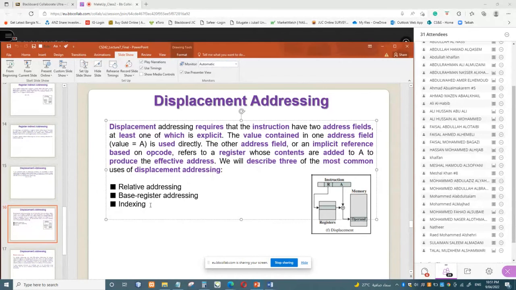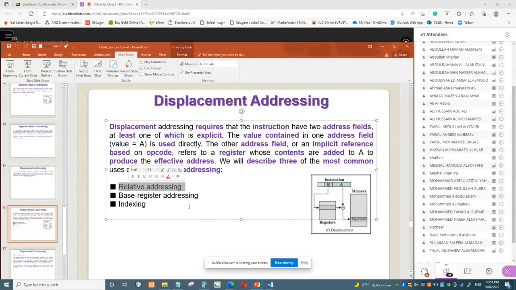In case of relative addressing, we use this addressing for accessing instructions from the main memory. As we know, to access an instruction from memory we need the program counter register. Program counter means PC register, and the PC register contains the current address that the CPU is going to execute.